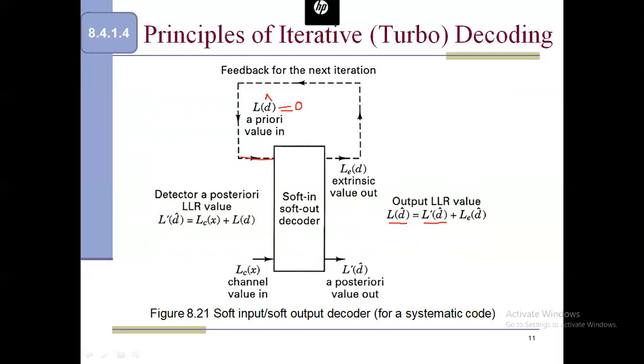We know that the channel stats and the LD are these two values. These two values are added to give us this a posteriori value of this log likelihood ratio.